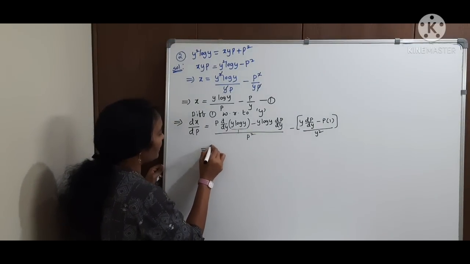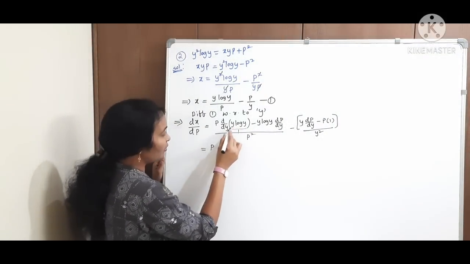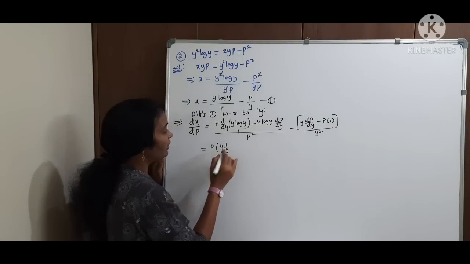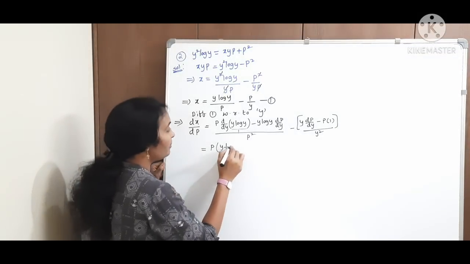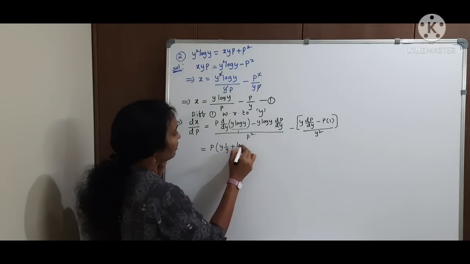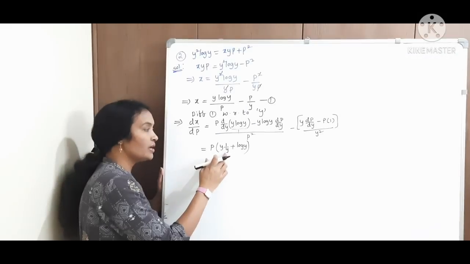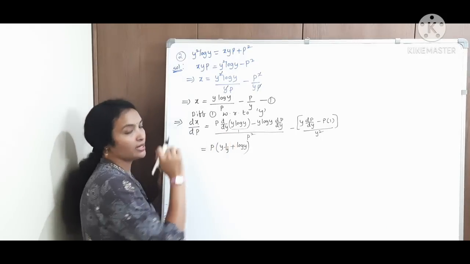Okay, here I am applying uv to p. uv dash, uv dash means log y differentiation 1 by 1 plus vu dash, log y differentiation of y is 1, vu dash plus u v dash.